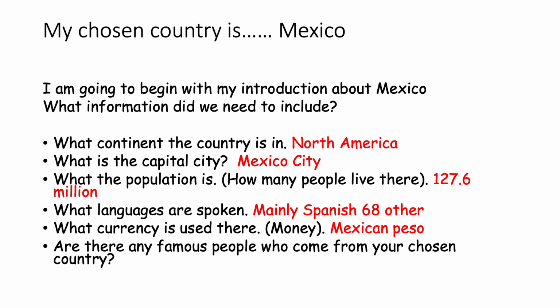Now, if you didn't do this when you were supposed to, you've got extra work to do. Okay? In red, I've put in the very basic information that I got, and then from that I have completed my introduction.